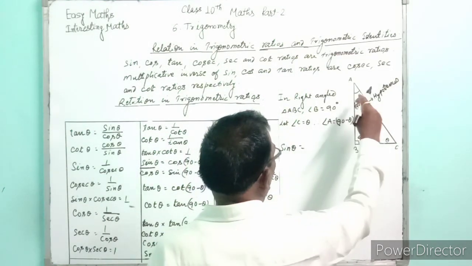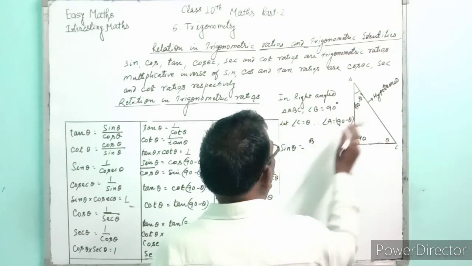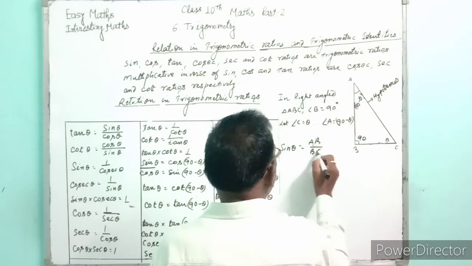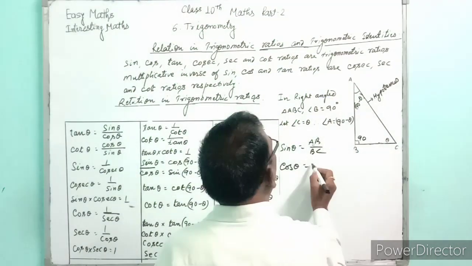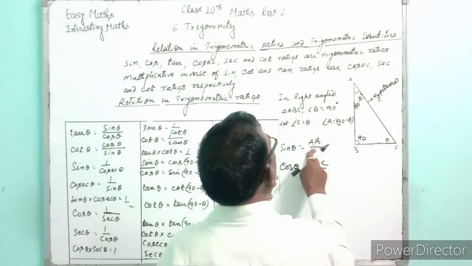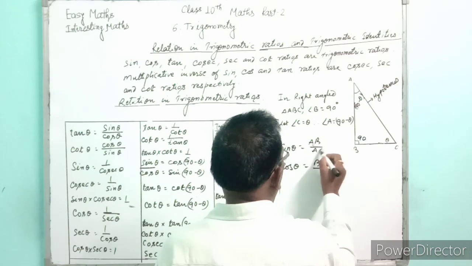Now from this figure, sin theta is equal to AB by AC.